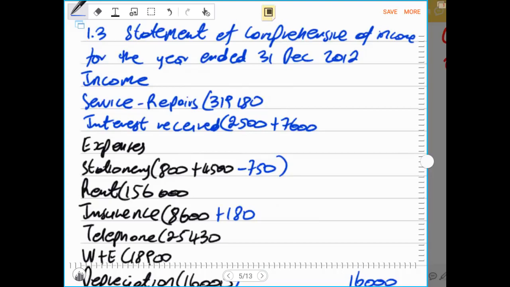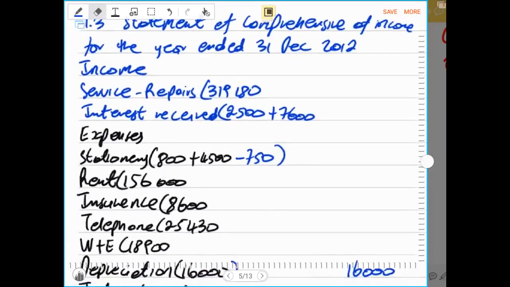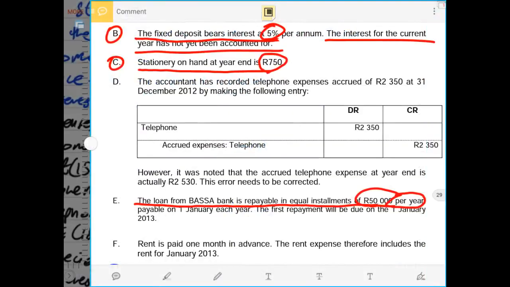We check for the next general entry. We check for the next general, oh sorry, that is not the telephone. Our telephone is plus 180, sorry for that.